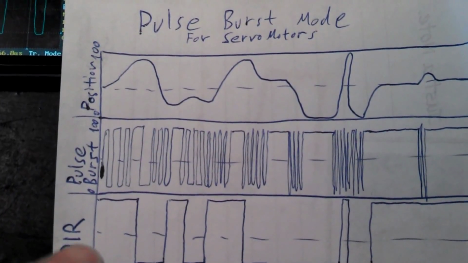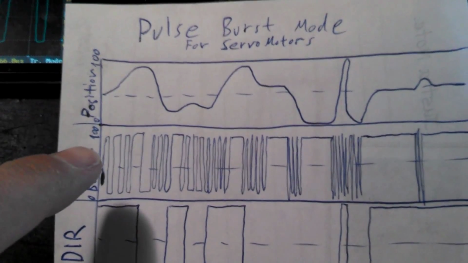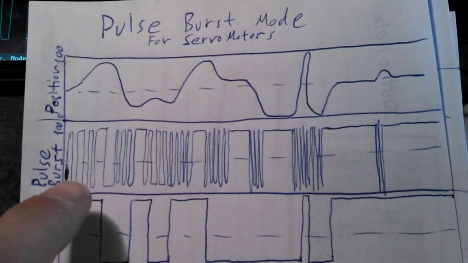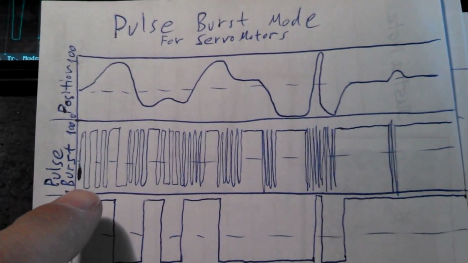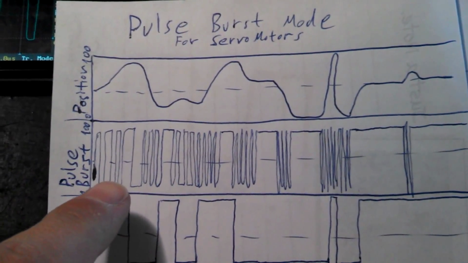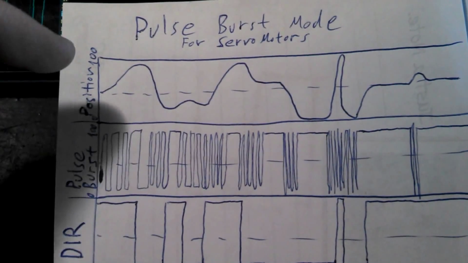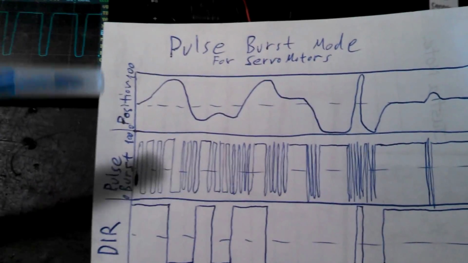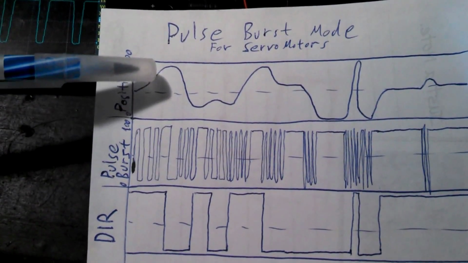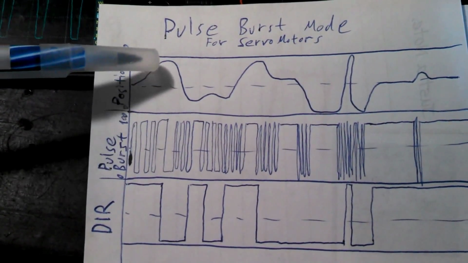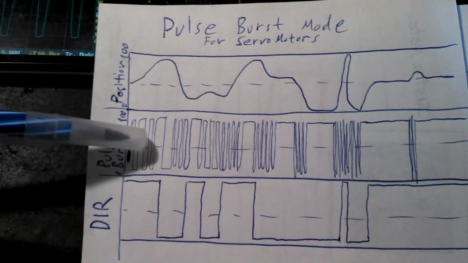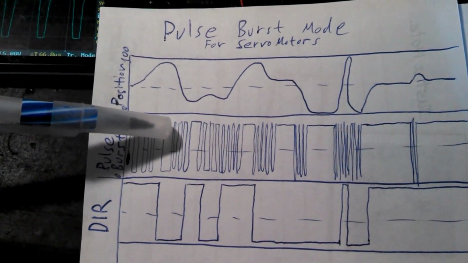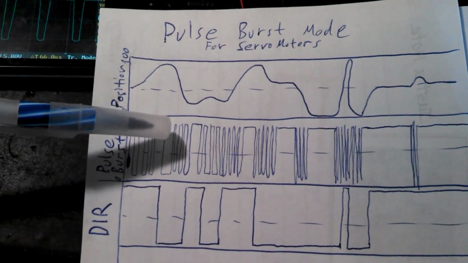So to show you quickly how this works, for example, when it accelerates, it sends a burst of pulses. To do this acceleration, it will need to go to this position, it will need a certain amount of pulses. Then once it's there, it won't send that many, probably less than that.